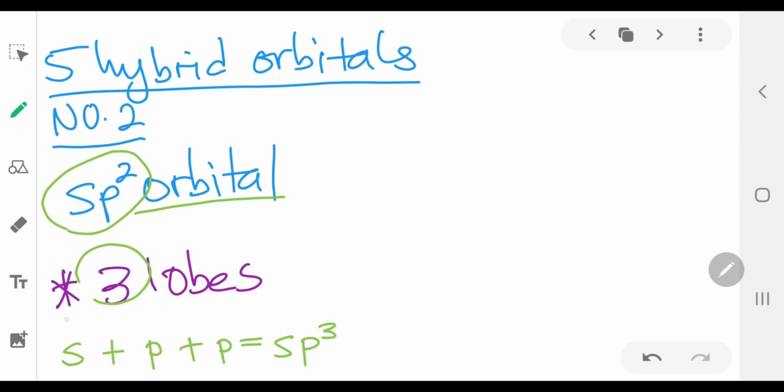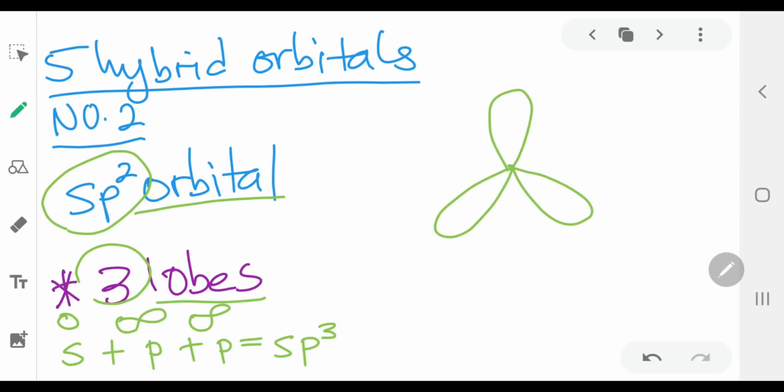So when you add one s orbital with 2 p orbitals, you will get 3 lobes, and the shape of SP2 hybrid orbitals is like so. So that is the shape of SP2 hybrid orbitals. Okay.